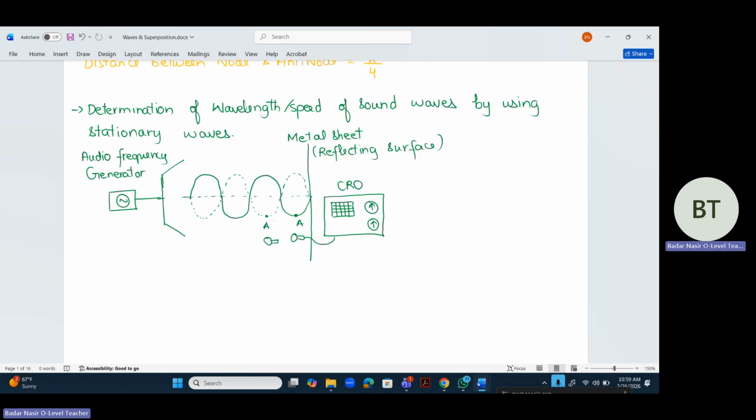Okay, now I'm going to use a meter rule to determine the length between these two positions of the microphone. Okay, so एक ये position है और एक ये position है.